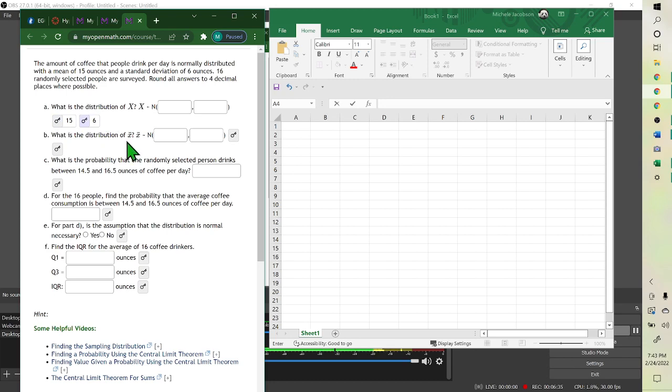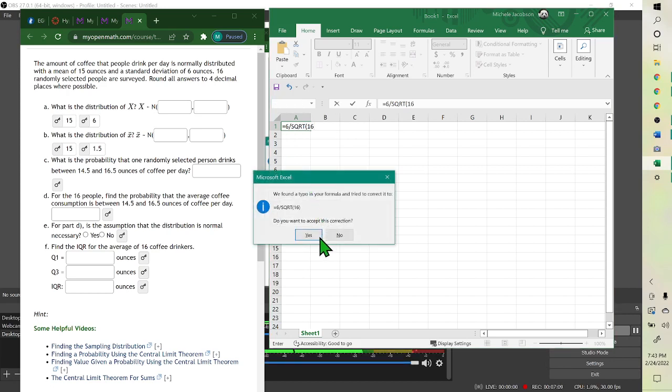For a sample, and our sample is 16, it's still the 15, but then to get the standard deviation, we'll come over here and put equals the standard deviation, 6, divided by the square root of n, which is 16, and hit enter.